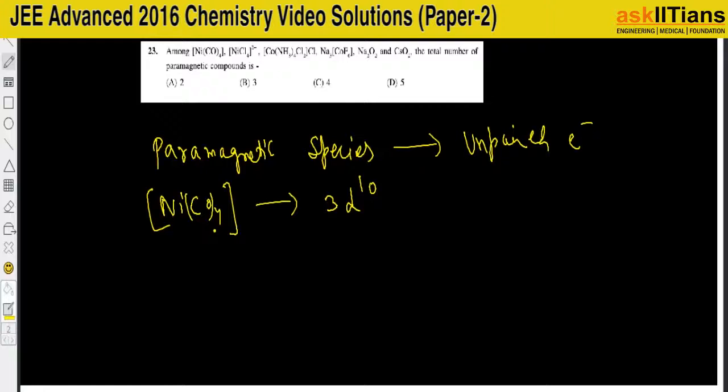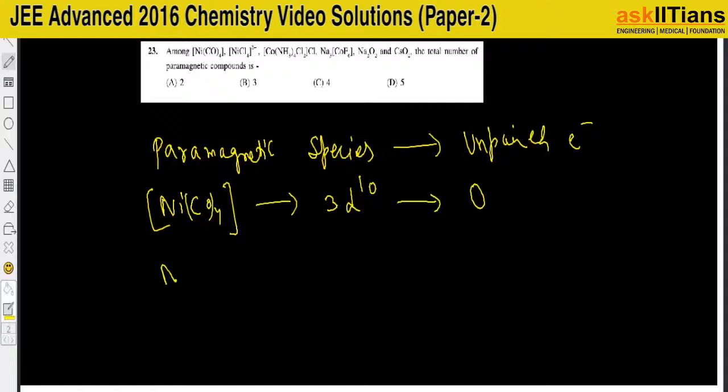Because CO, although it is a neutral ligand, is a strong ligand, right? So it will make the electrons pair up, alright? So this is having 0 unpaired electrons, and that is why it is a diamagnetic species, because CO being here is a very strong ligand.